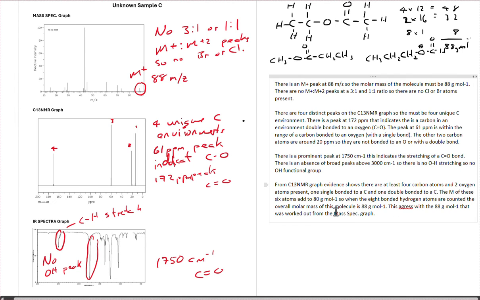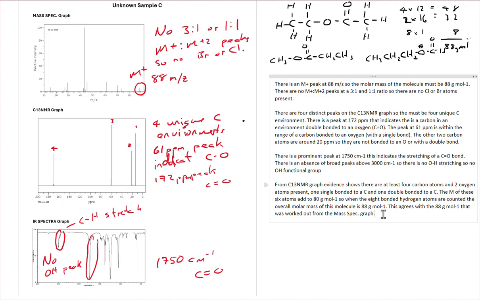Cool. So the molar mass of these 6 atoms is 80, but if you add the hydrogens, it's 88. This agrees with the molar mass from the mass spec. Excellent. So that's one.